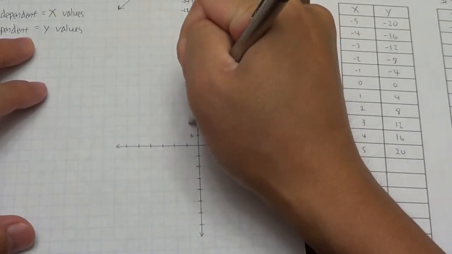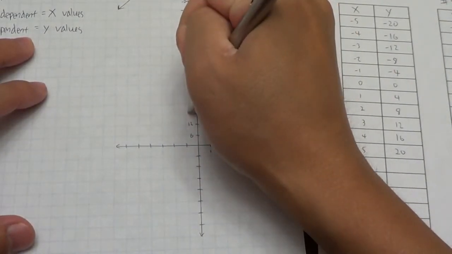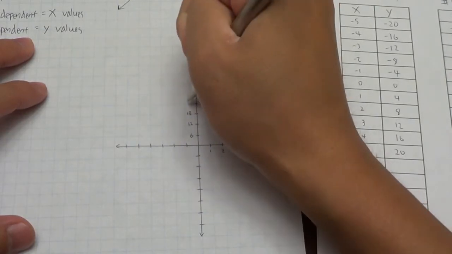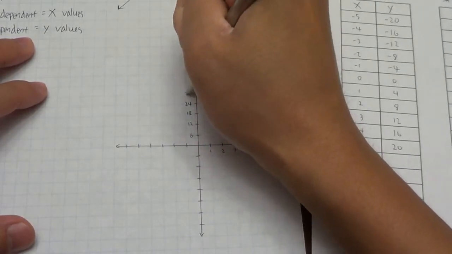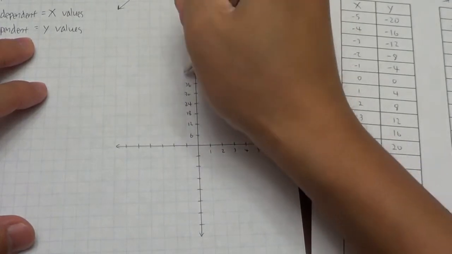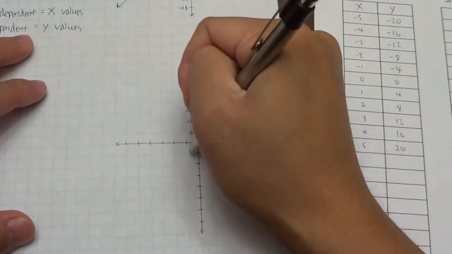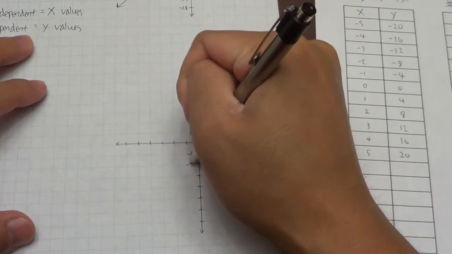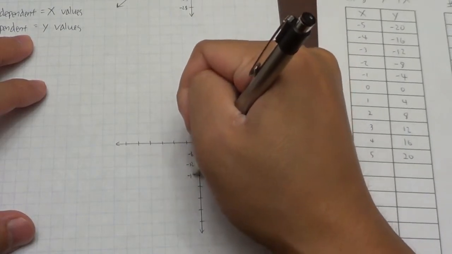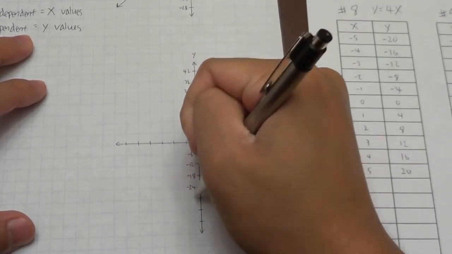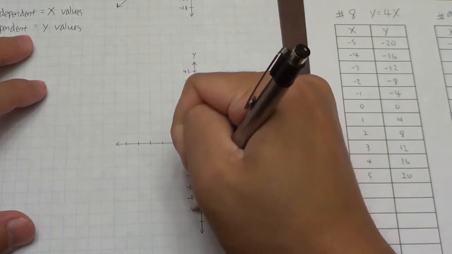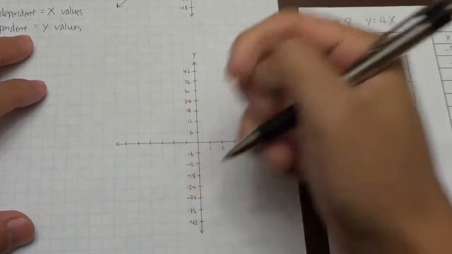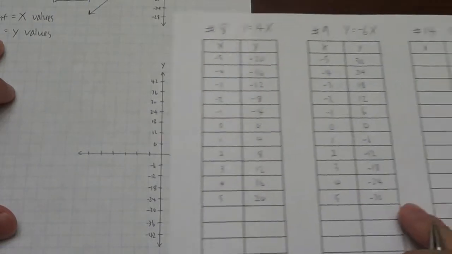The easy thing to do was to use multiples of 6. I'm going ahead and filling in these. Now I can plot my points.